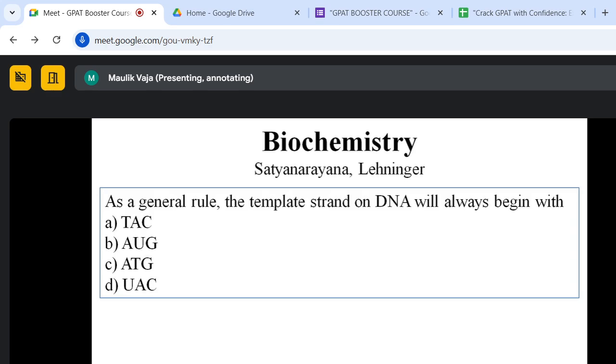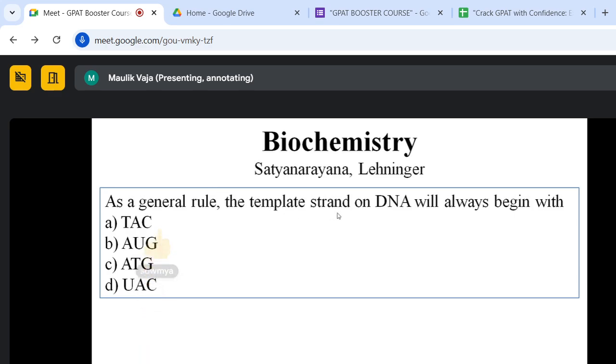Yes, on the template strand. On the template strand, it will decode the AUG start codon: A against T, U against A, and G against C. So the correct answer will be option A. This is the kind of tricky question they will ask.